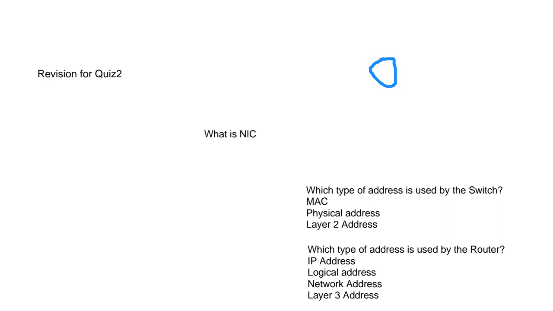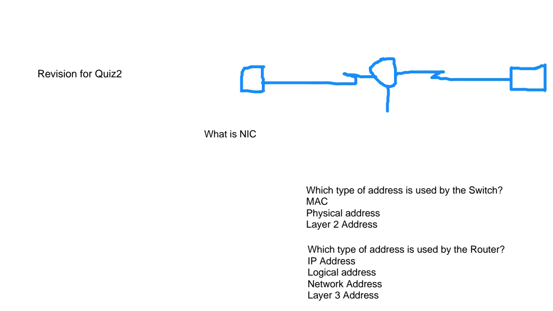But if I have this kind of circuit, let's say I have a router, and I have this connection here, this connection here, here I have a switch, here I have a switch, and here I also have a computer.